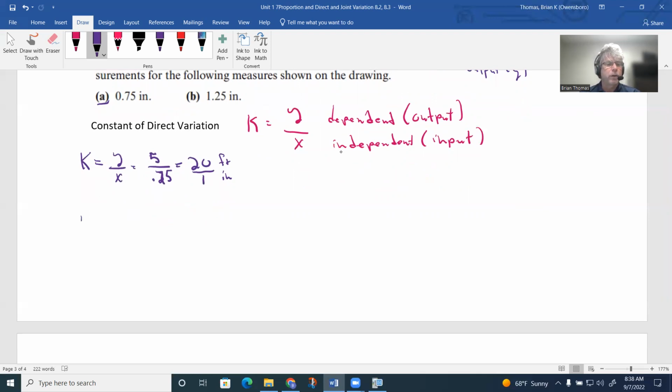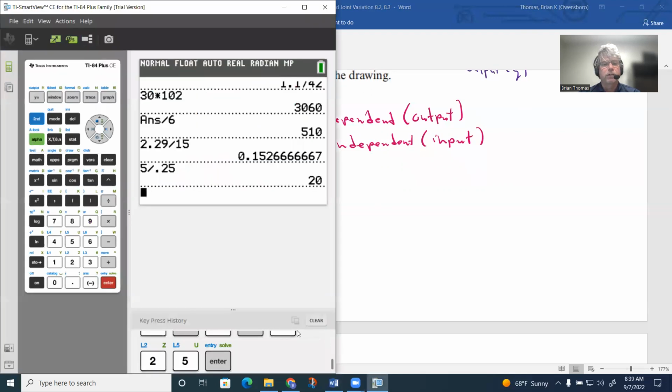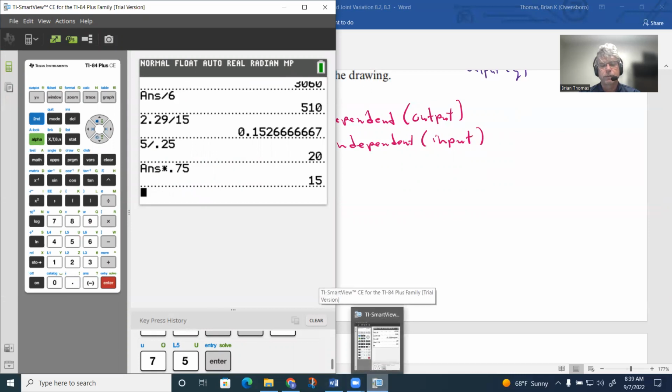So using the formula, I have y equals kx. If I want to find the actual feet, we have y equals 20 times x, which was the 0.75 inches. That was our dependent variable. So if I multiply 20 by 0.75, that should give us that answer, which would be 15 feet.